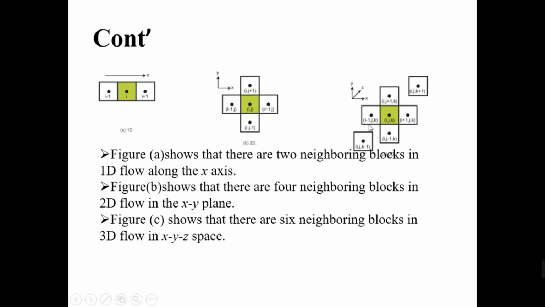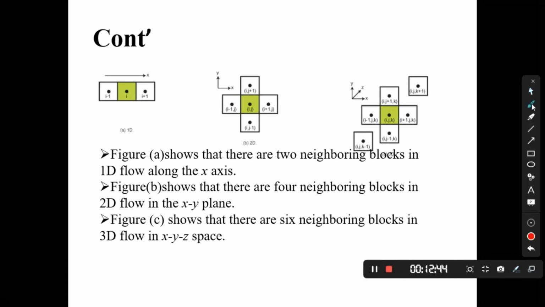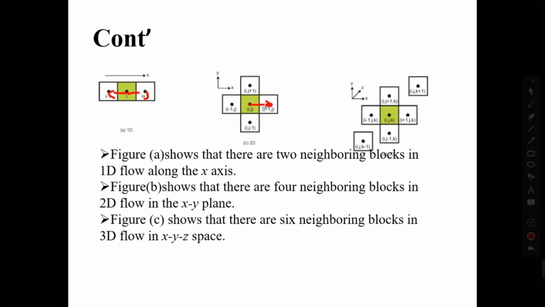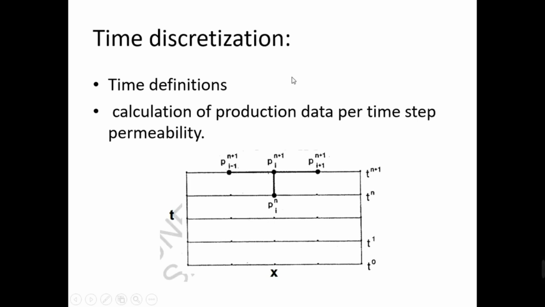In one dimension we have two neighboring blocks. I mean, fluid can flow from here to here, or here to here. In two dimensions we have four blocks to look at, so more equations. And in three dimensions, the fluid flows to six neighboring blocks in the x, y, and z planes.